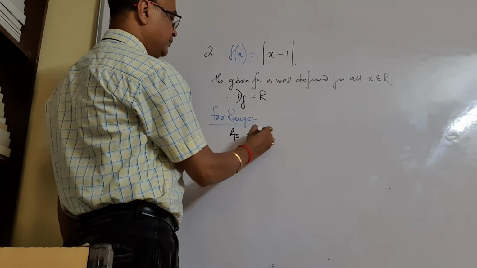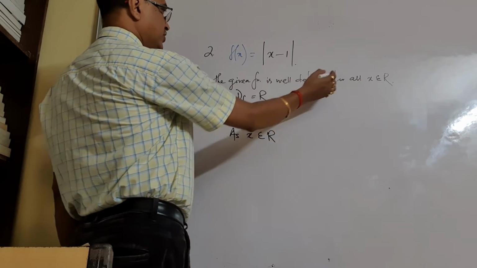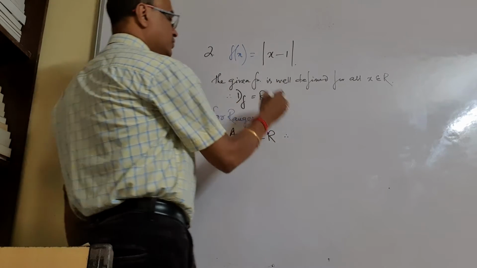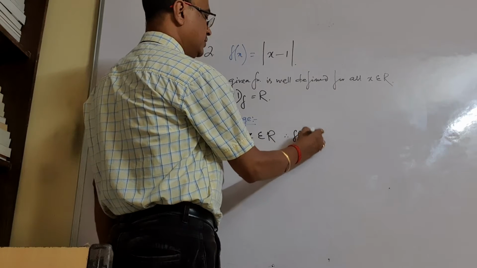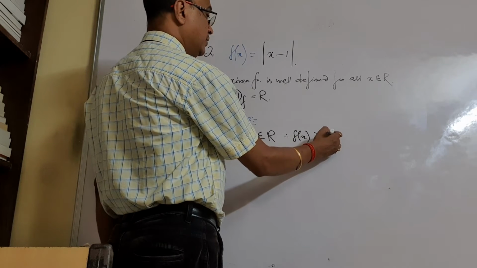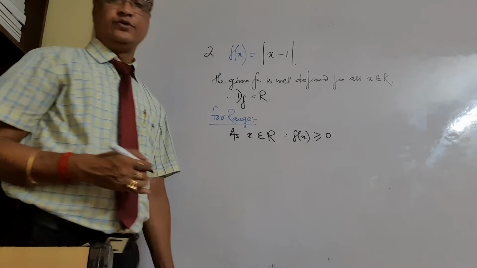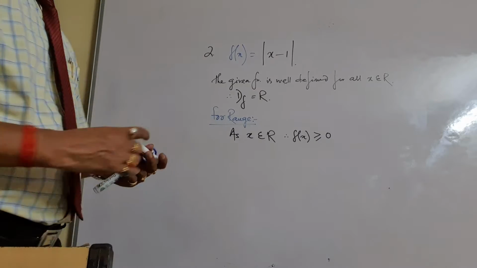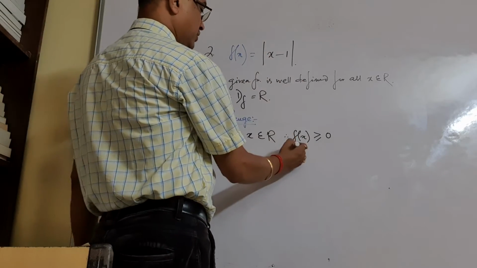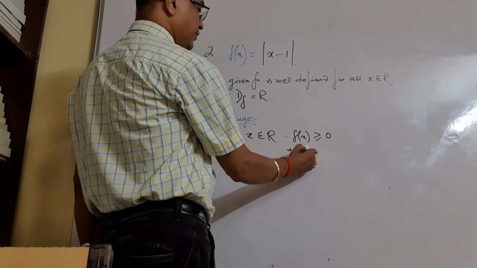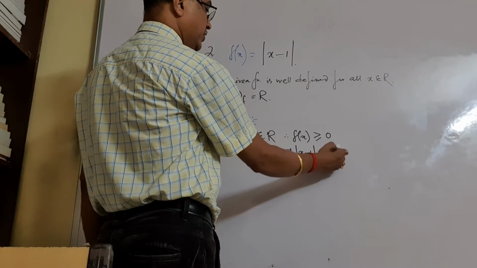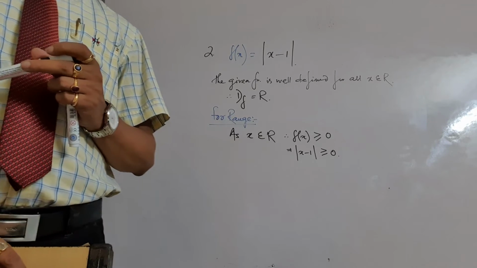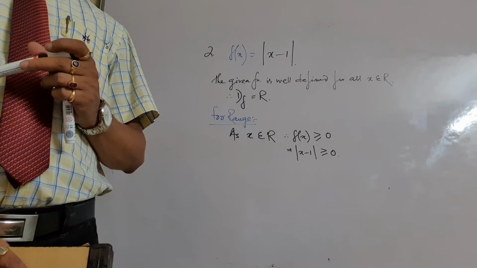We have x belongs to R, so therefore f of x should be greater than or equal to 0, because x belongs to R and the function is under the mod. That means mod of x minus 1 should be greater than or equal to 0.